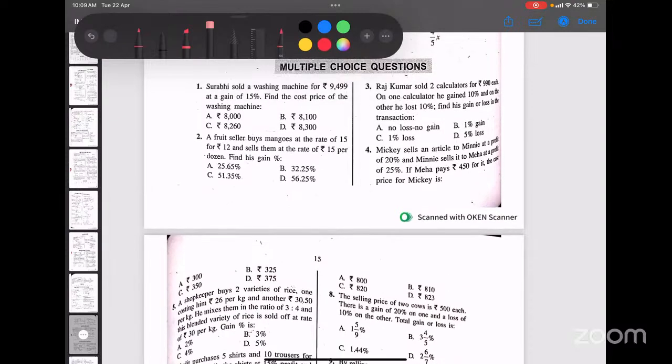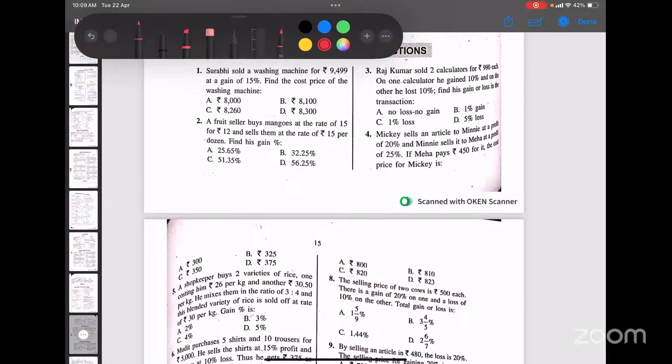The question is: Mickey sells an article to Mini at a profit of 20% and Mini sells it to Meha at a profit of 25%.